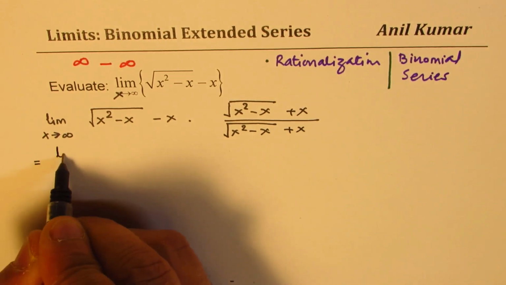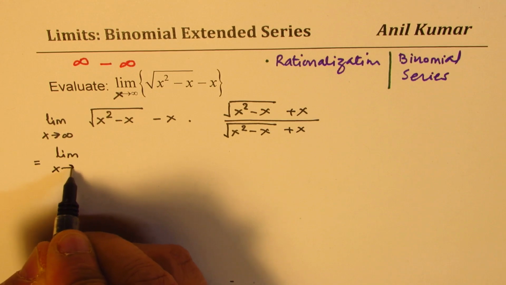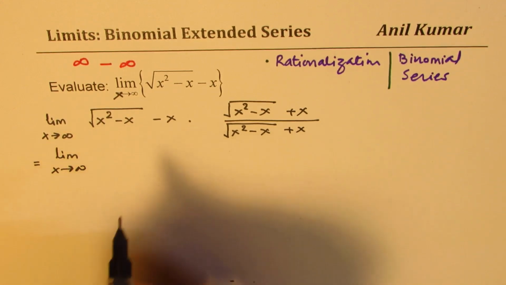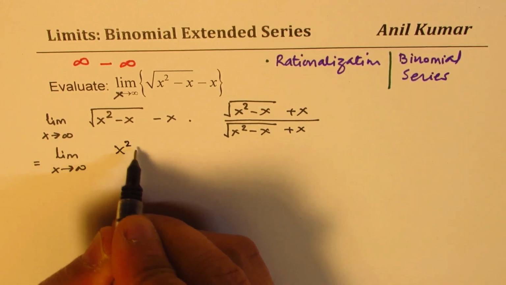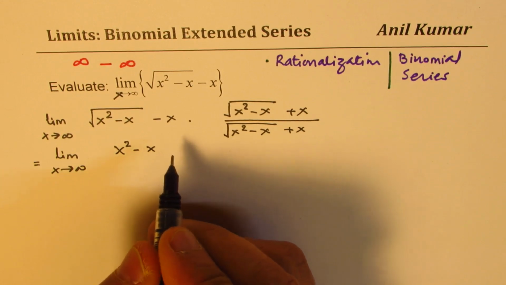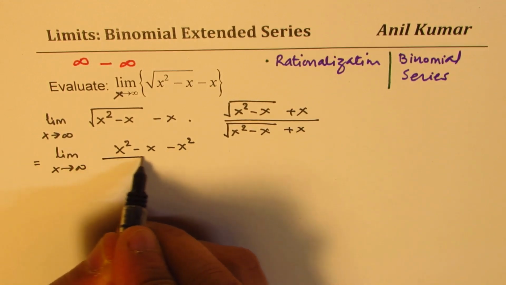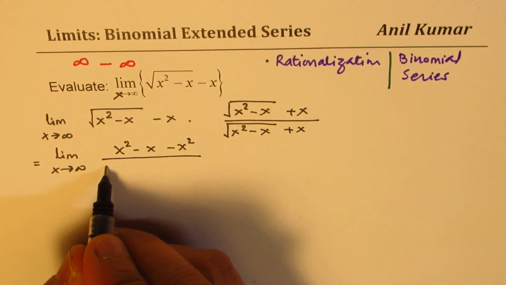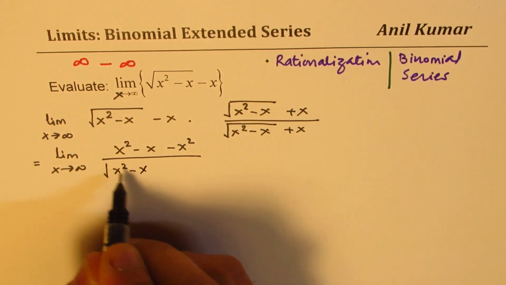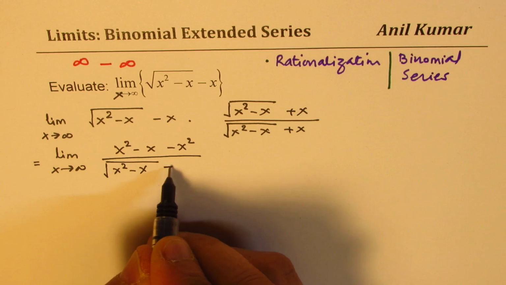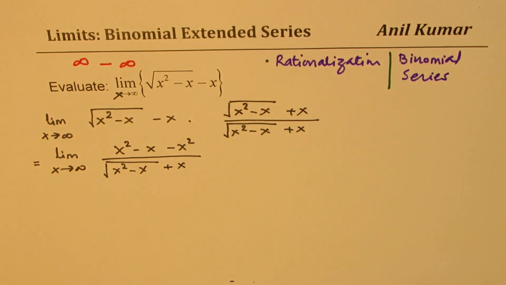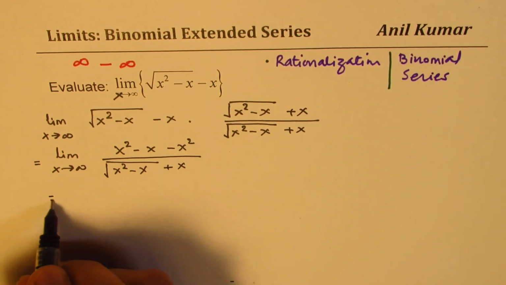So that is equal to the limit as x approaches infinity, a square minus b square, which is x square minus x square, divided by all this, which is square root of x square minus x plus x, right? Now the numerator can be simplified.